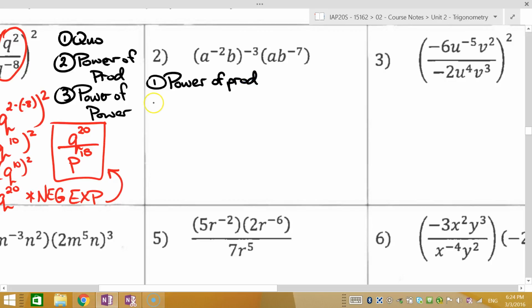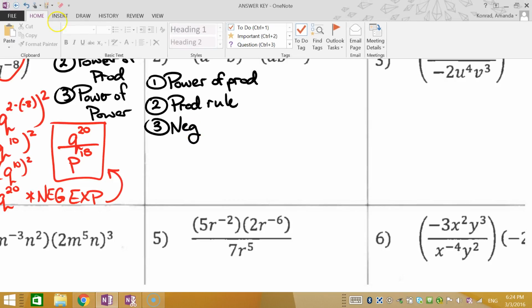From there, I'm going to collect like terms. And so that's going to end up being my general product rule. And then 3, I can already see there's some negative exponents floating around, so they're probably going to stick around, and I'm going to deal with them at the end.